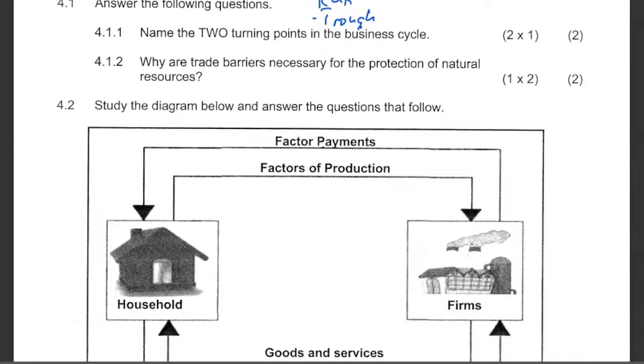They are important because they protect jobs in a country, protect local products from foreign competition, and encourage local industries.